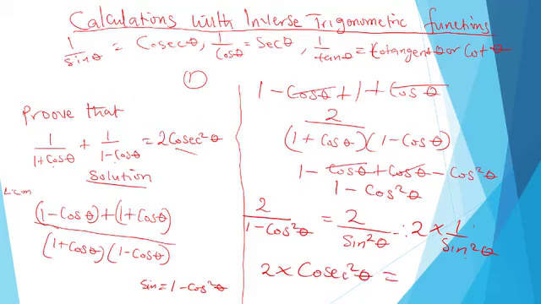So 2 times cosec square theta is equal to 2 cosec square theta. You can see that we've gotten to this point. We were to prove that this is equal to this; we started here and discovered that what we've been solving is equal to this. So this is the correct answer. In a nutshell, 1 over 1 plus cos theta plus 1 over 1 minus cos theta is equal to 2 cosec square theta.